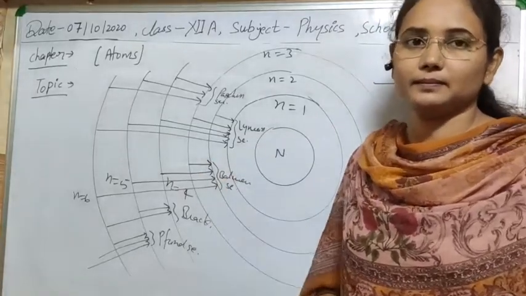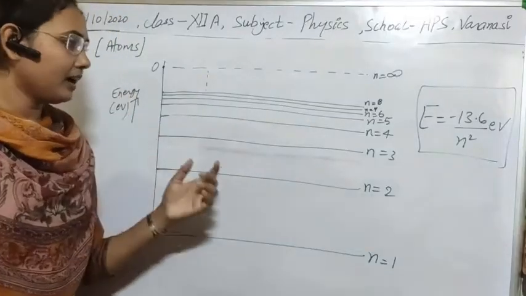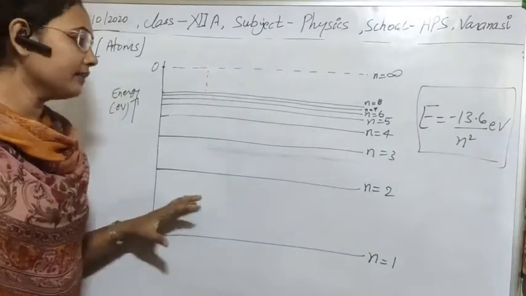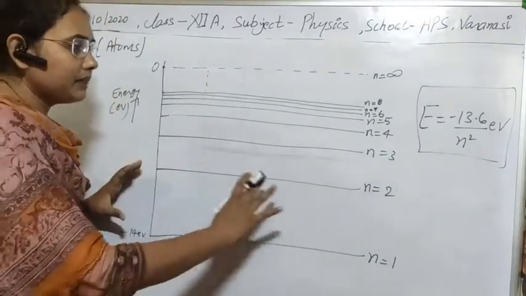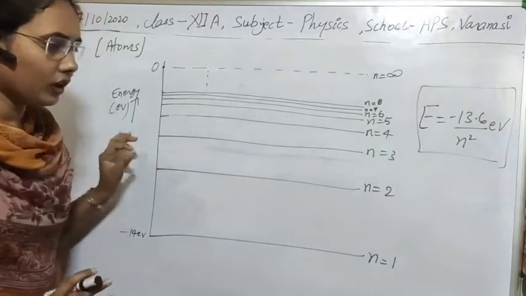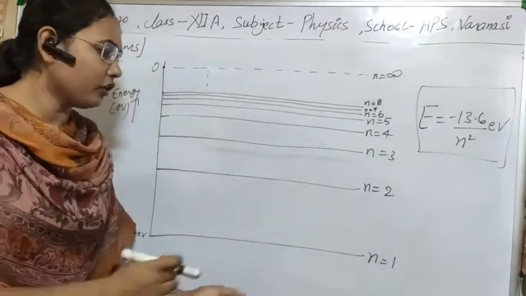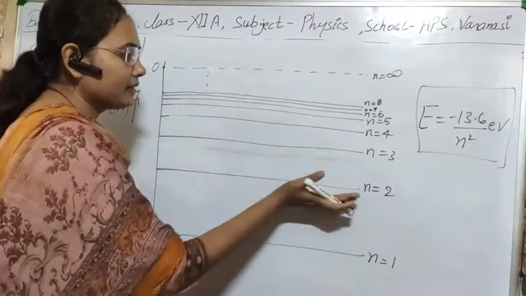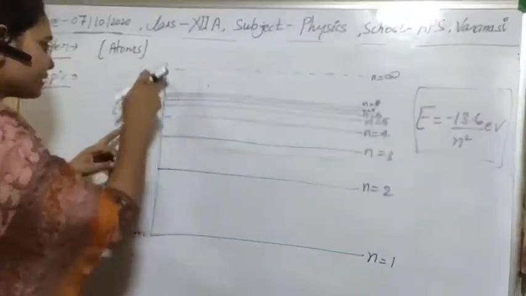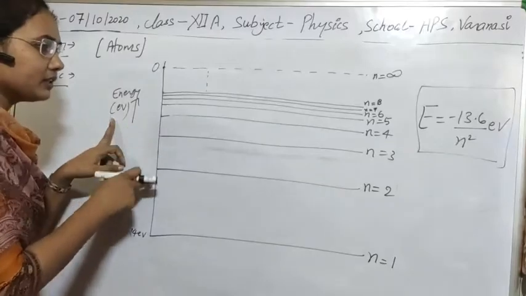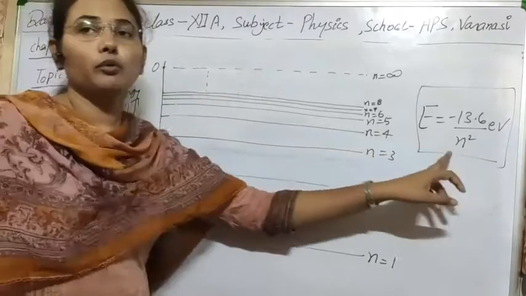Now, as I told you, for the energy level diagram we simply take all the circular orbits as straight lines. For n equal to 1 we can show it like that, then n equal to 2, 3, and there is a certain energy associated with these orbits, given by the Bohr formula.